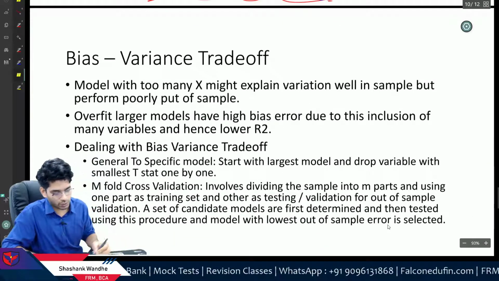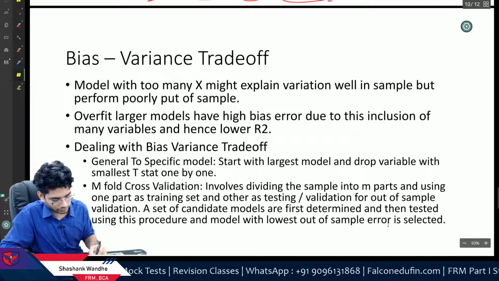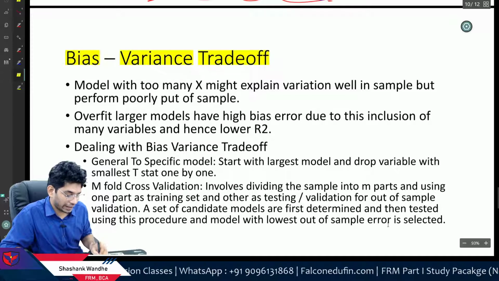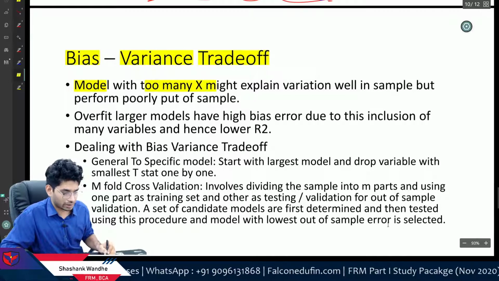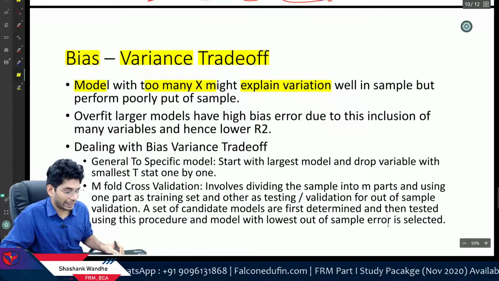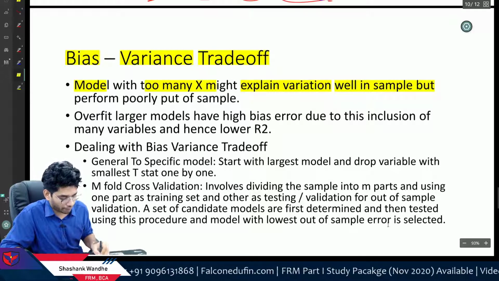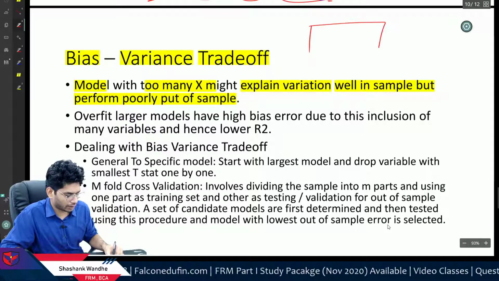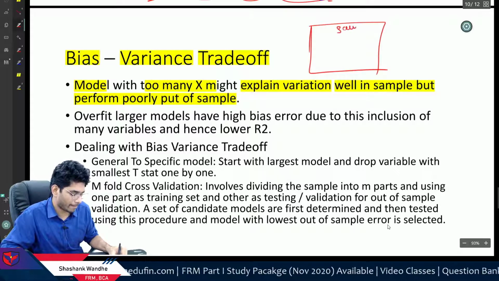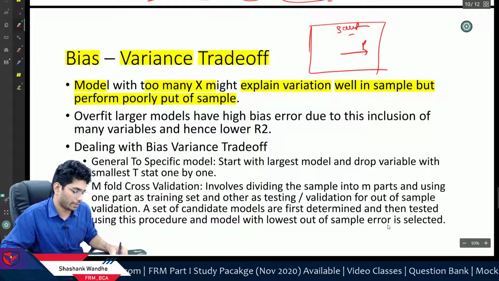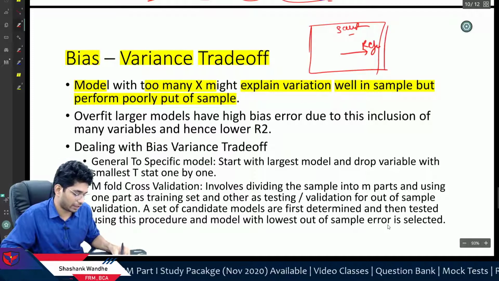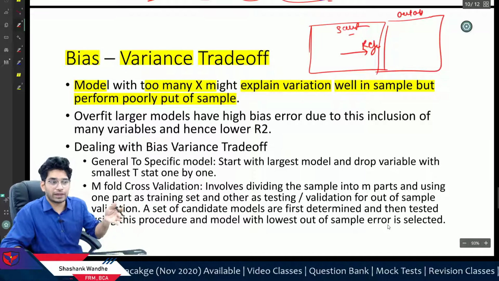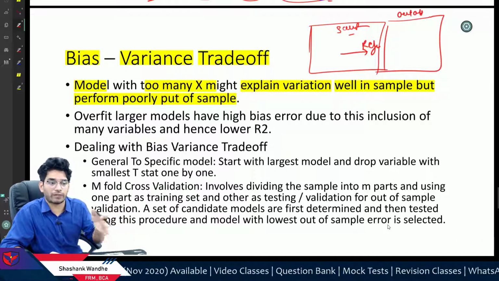Then there is the bias-variance trade-off. Remember the key points here. A model with too many variables, too many x, might explain the variation well in sample, but perform poorly out of sample. Generally, this is what we do: we take the sample, do the regression on it, and then check out of sample, meaning observations that were not part of your sample.